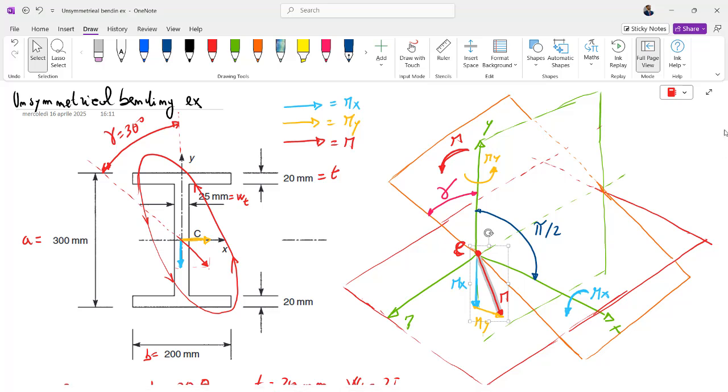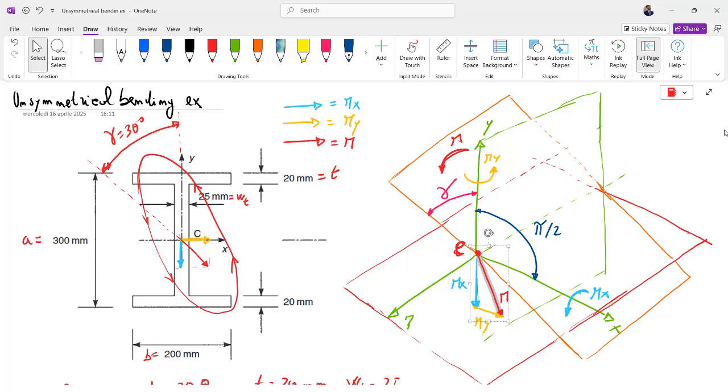Today we're talking about the exercise related to an unsymmetrical bending with moment M that is applied at a certain angle with respect to the vertical plane identified by the direction of y.